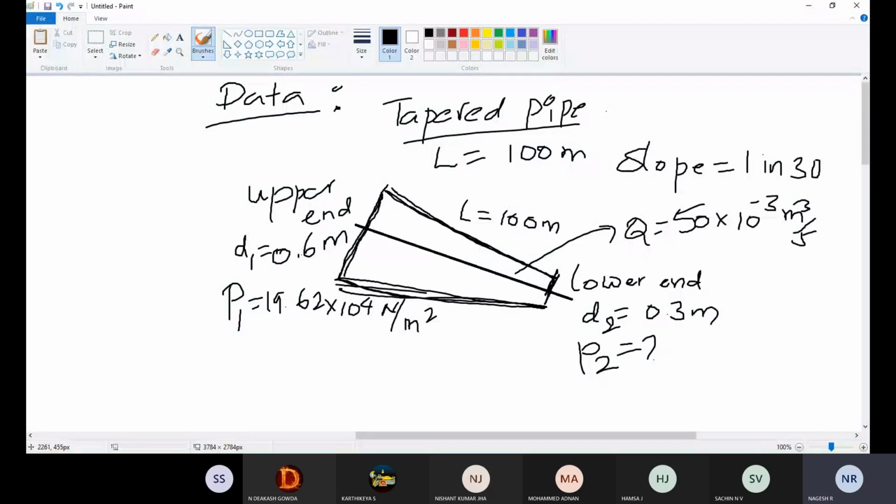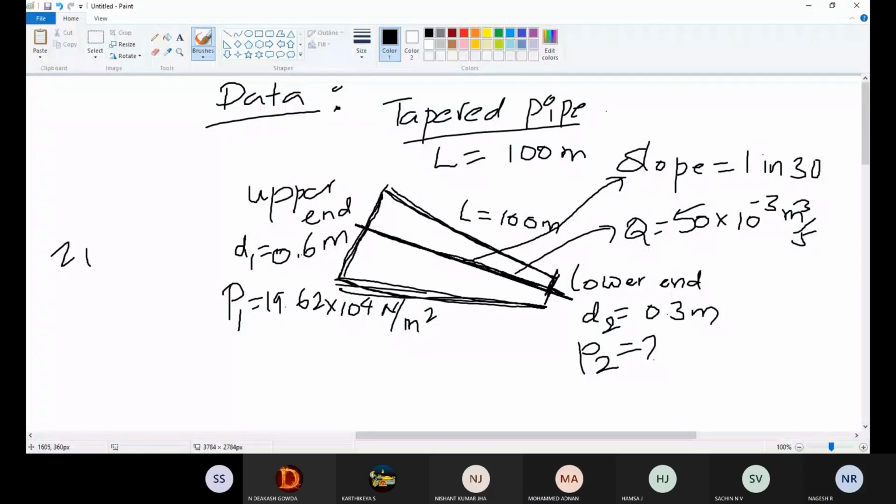The slope 1 in 30 describes the slope of this taper pipe. And one more thing here: he has not given Z1 and Z2. Has he given Z1 and Z2 values? No, sir. So here Z1 and Z2 are not given.